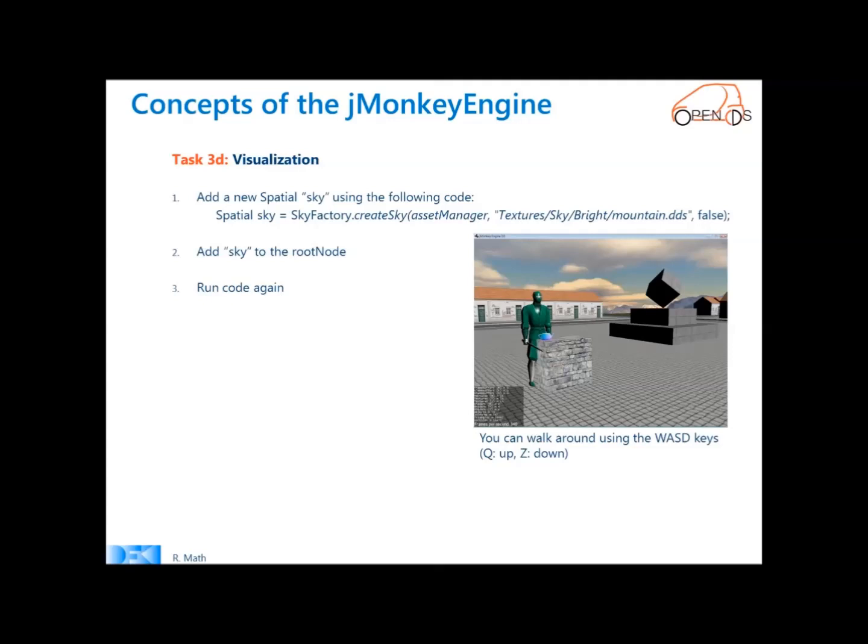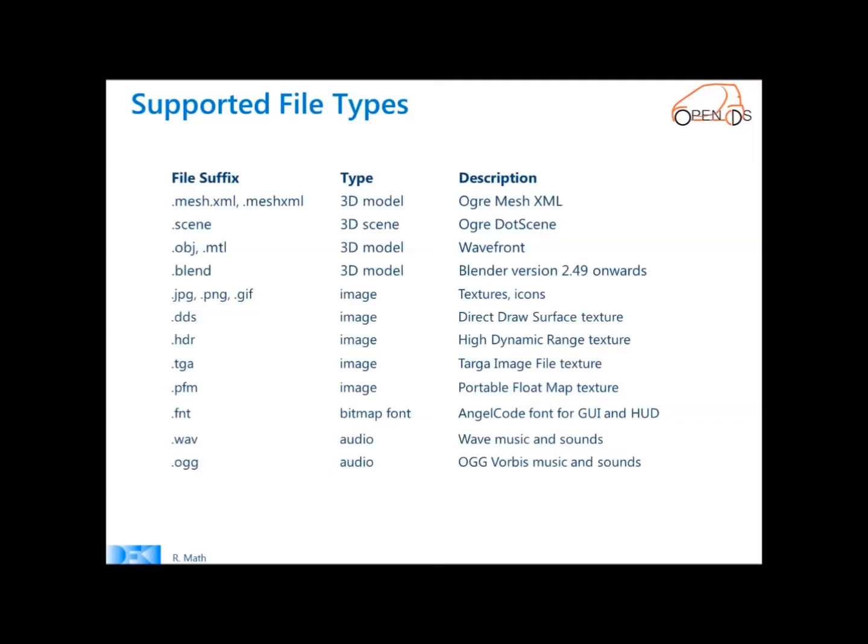Okay, as I think everybody succeeded to set up the sky texture, we go on. Here's just another table showing supported file types of the JMonkey engine, and as OpenDS is built upon this engine, you can also use these file types for OpenDS.